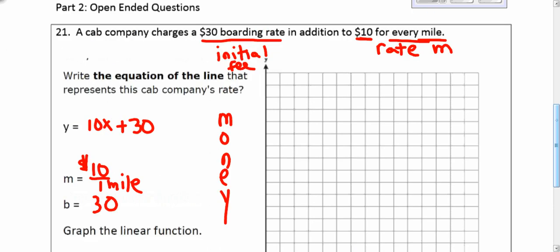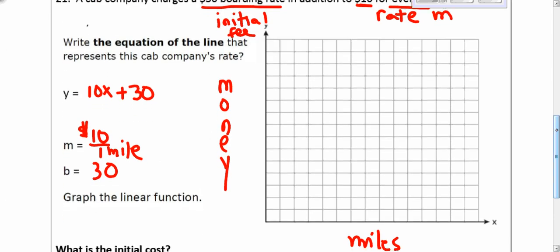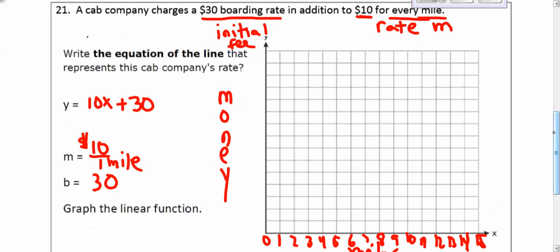So every time I start this, I am going to start at 0. And I'm just going to put 1, 2, 3, 4, 5, 6, 7, 8, 9, 10, 11, 12, 13, 14, and 15. On the way up the y-axis, this is where you might have to reread it again.